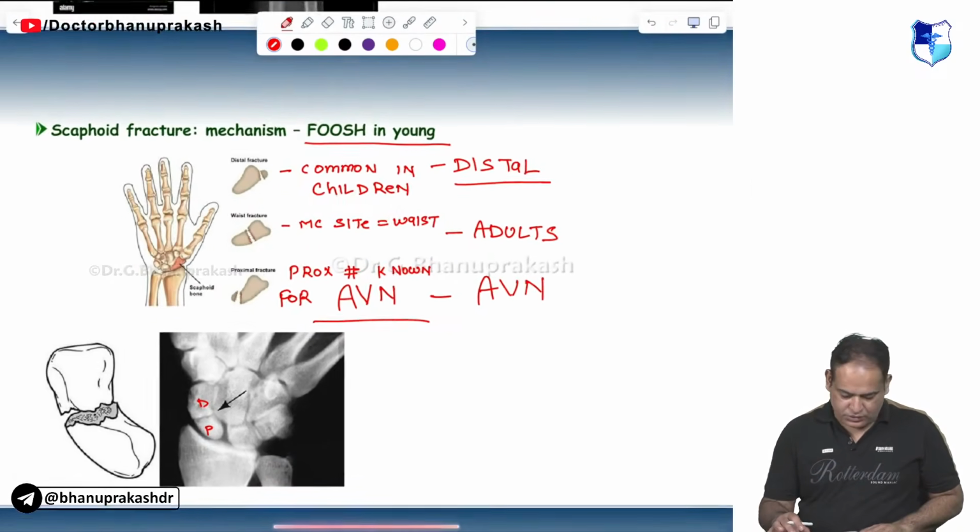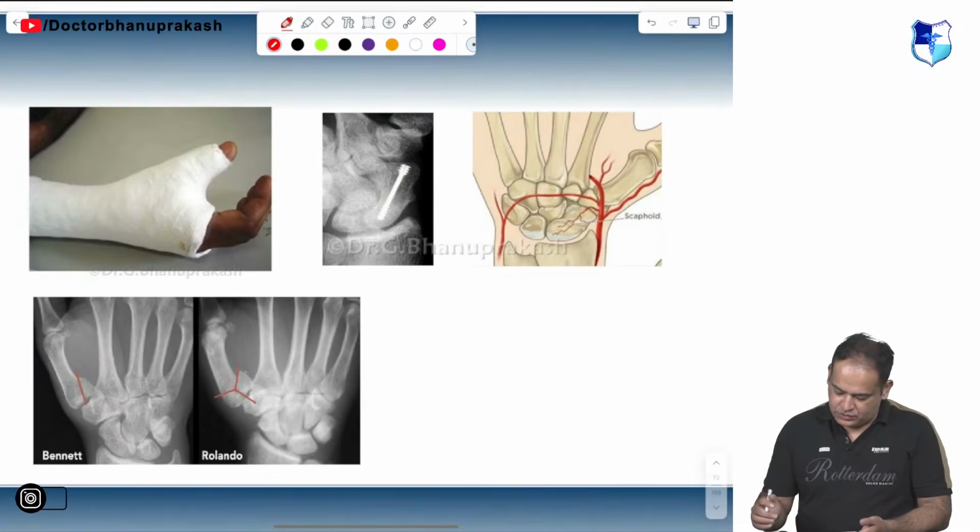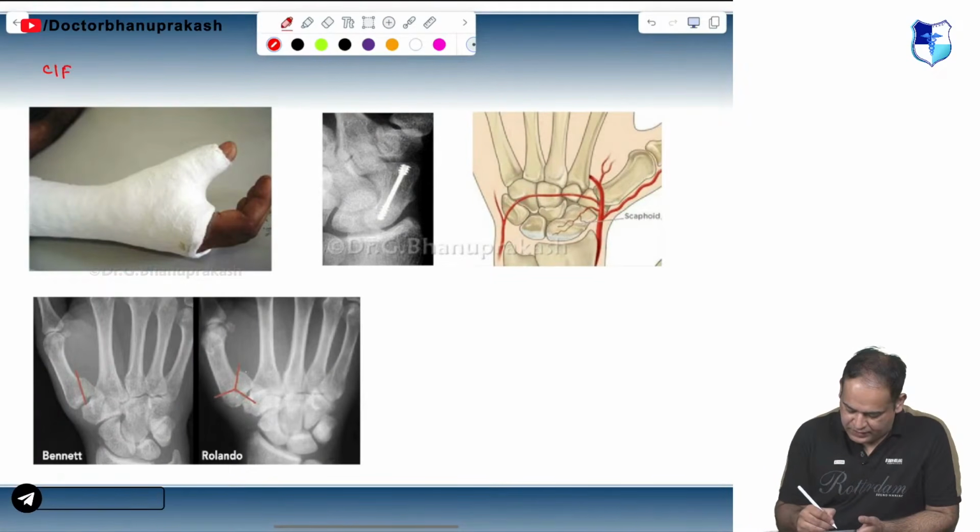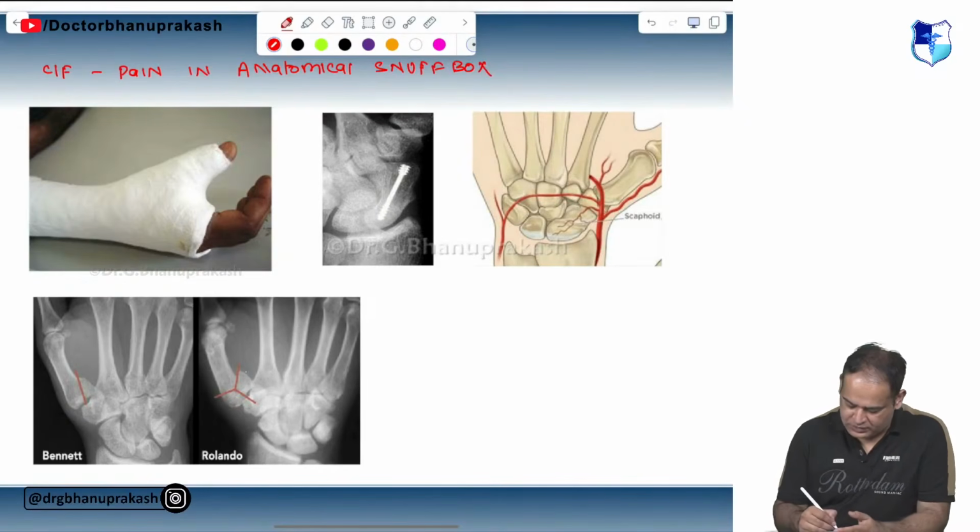Avascular necrosis, right? So what are the clinical features? Pain in the anatomical snuff box. What is the treatment?